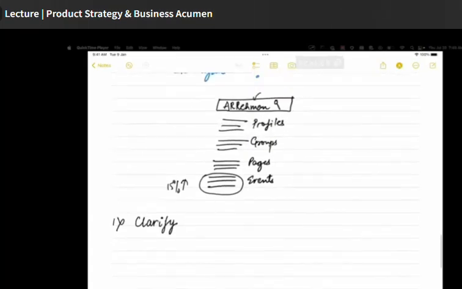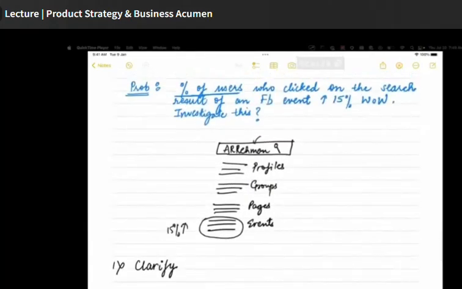Do you want to clarify any questions for this particular problem? Which event? Good question. Any event, be it fitness related, a music concert, an NGO related event, any event which is considered as a group of people meeting at a place and doing an event.